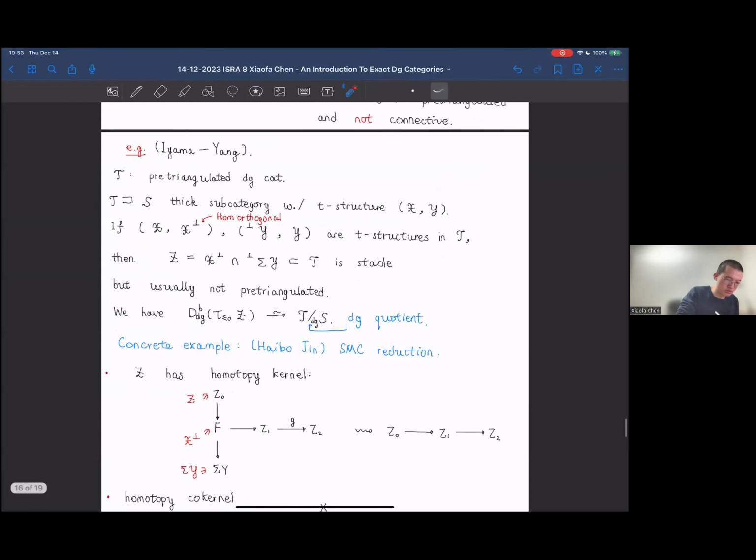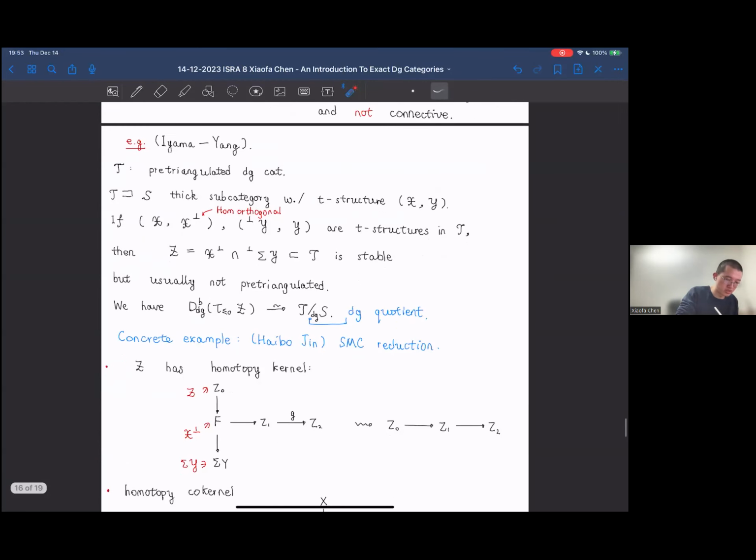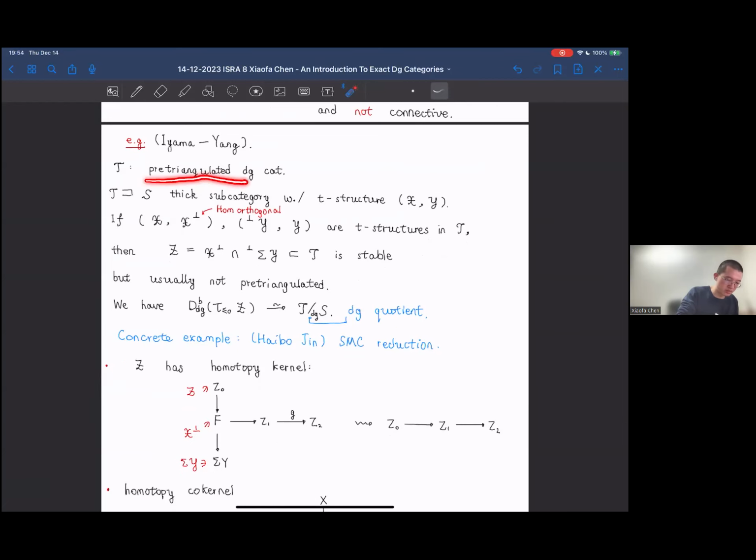So suppose we have a pre-triangulated DG category and a thick subcategory. And in the thick subcategory S, we have a T-structure given by X and Y. And we take the pair of subcategories in T given by X and the right orthogonal with respect to Hom of X and Y, and the left orthogonal of Y with respect to Hom.